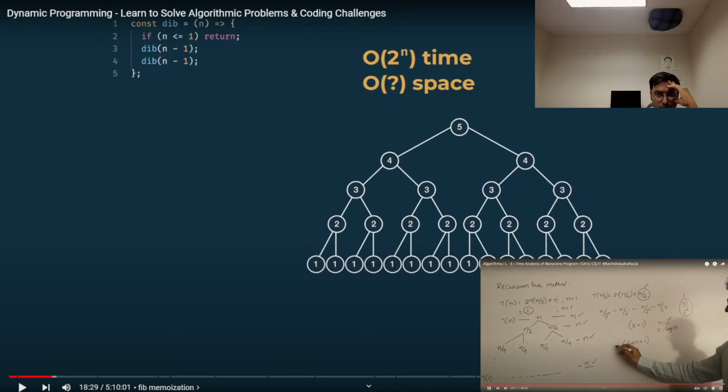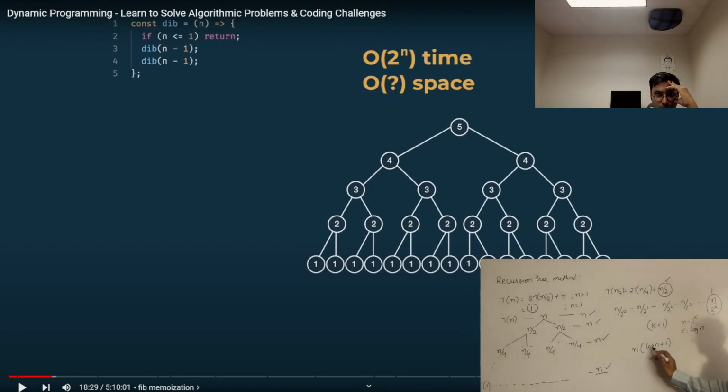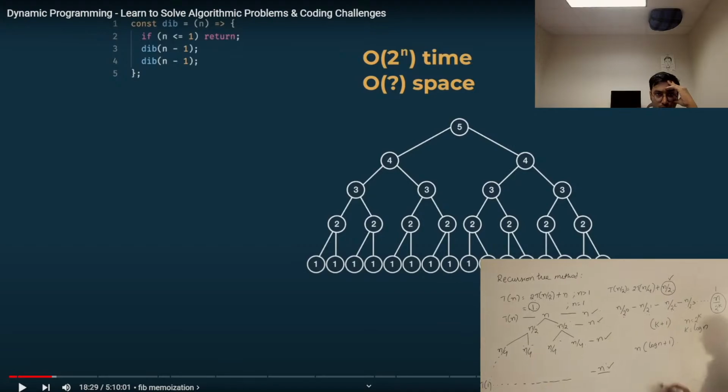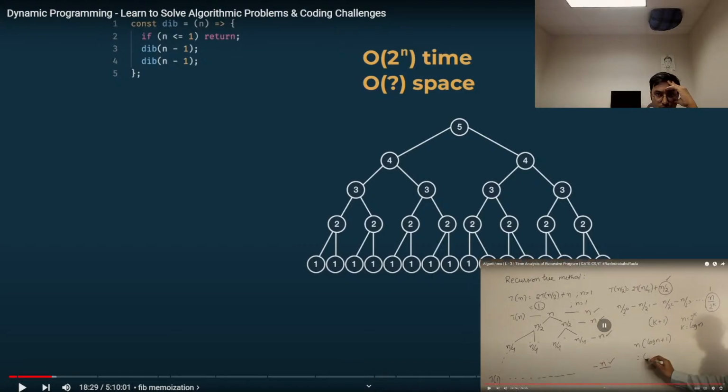At every level we have seen that the work done is n. Therefore the total work done is n into (log n plus 1), out of which the leading term is n log n.